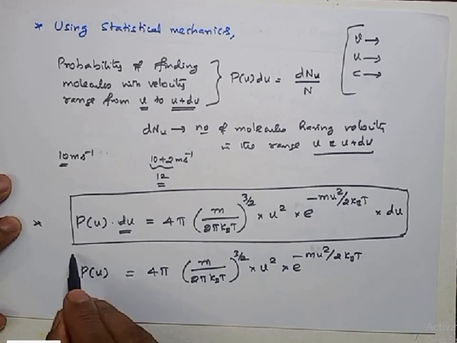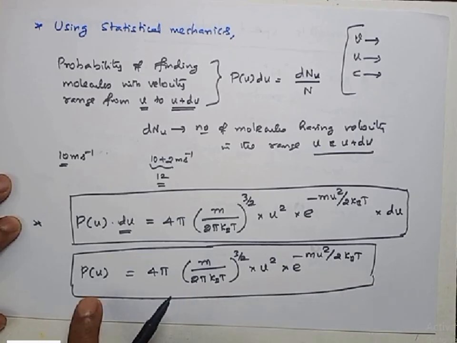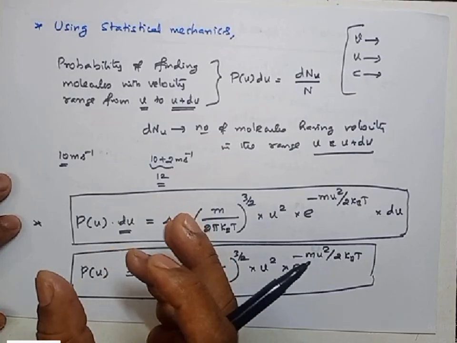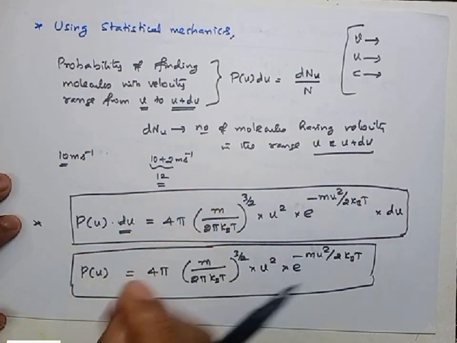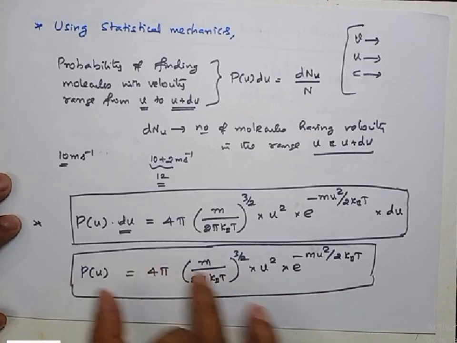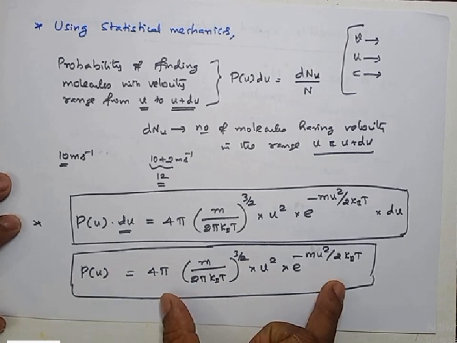This will give me the probability of finding a molecule with a particular velocity u. What is the probability of finding a molecule having velocity u? You will get that answer if you know this value.